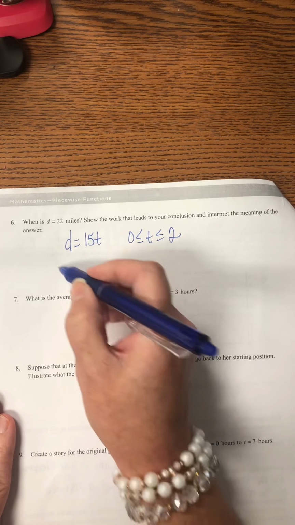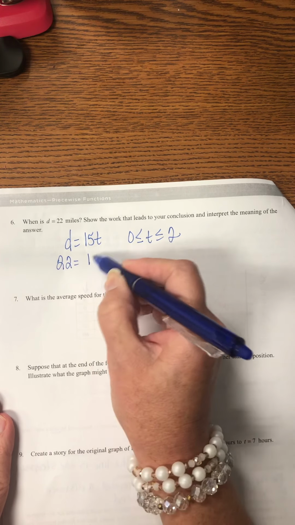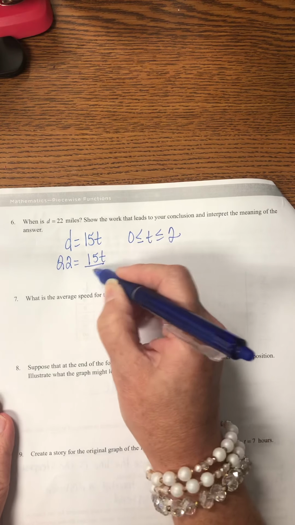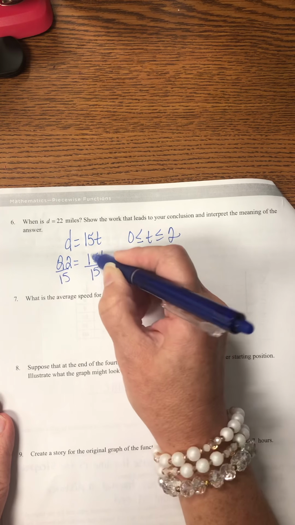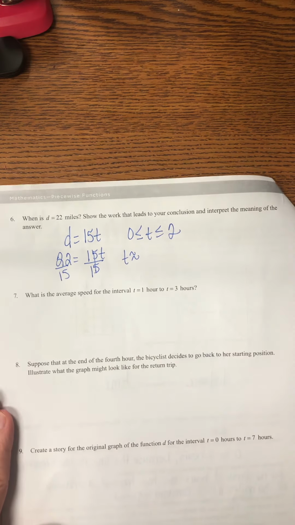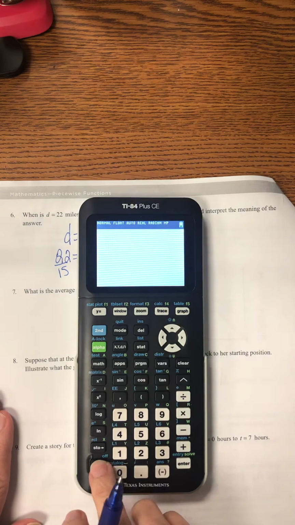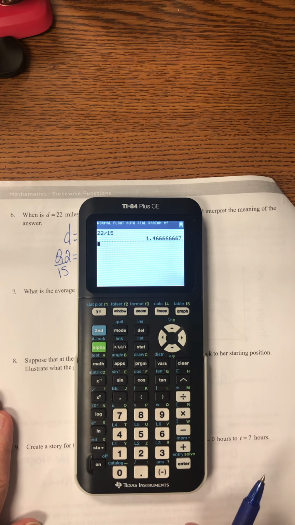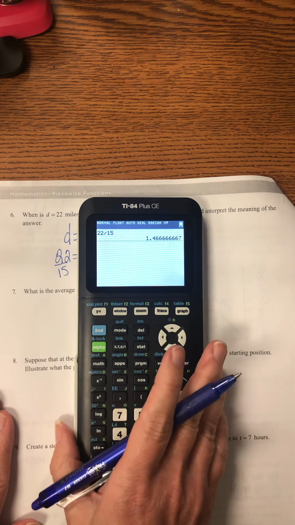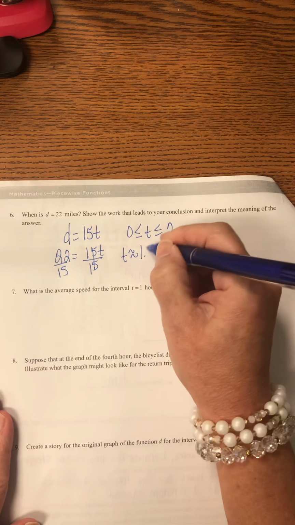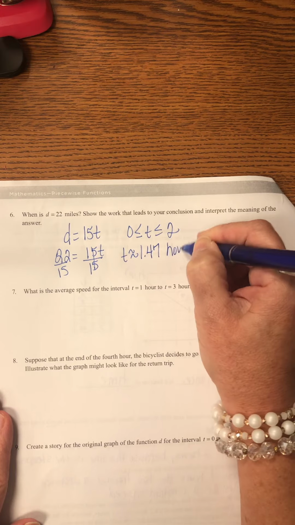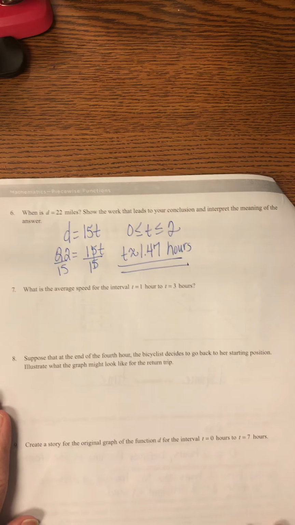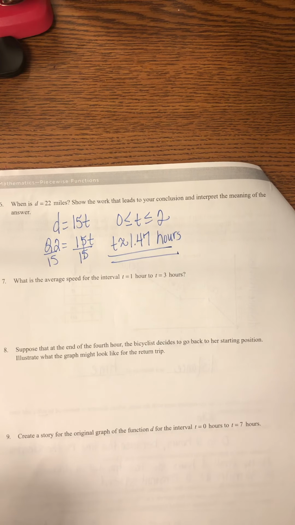So if the distance is 22 miles, I can replace d with 22 miles, and then I can divide both sides by 15. To get t is approximately, well, I take my calculator and I do 22 divided by 15. I'm going to get 1.47. So 1 47/100 hours rounded. So approximately 1.5 hours on that particular situation.